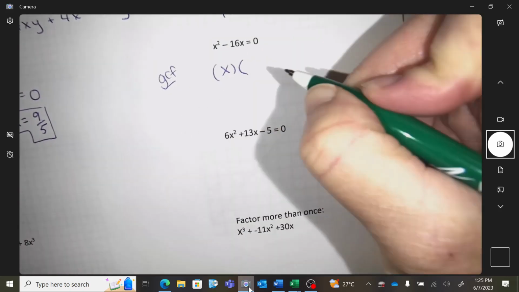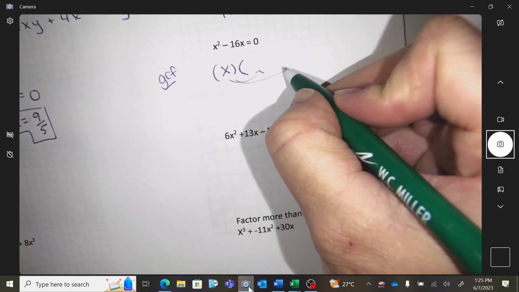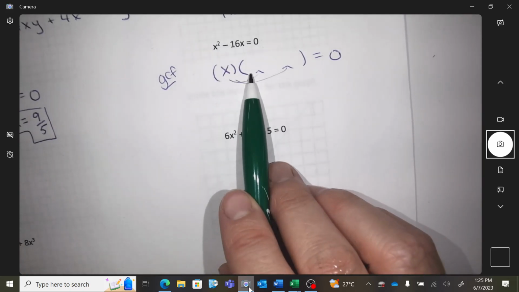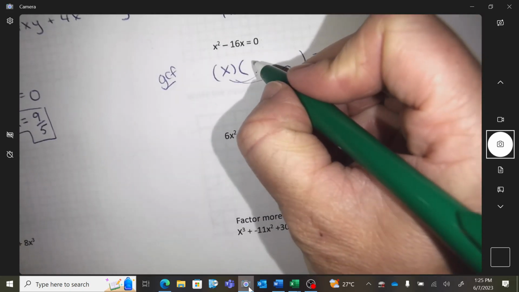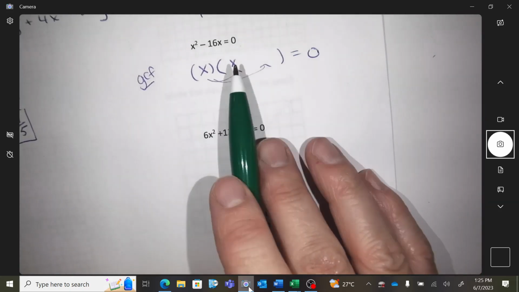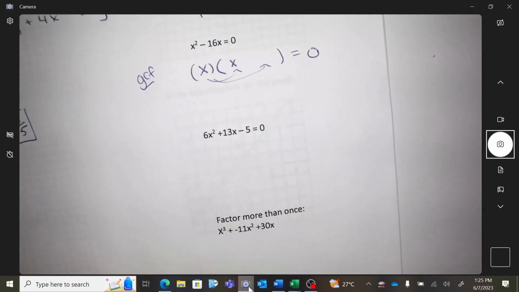An x. And then there's 2 terms, so I should have 2 swivel arrows here. Okay, that's the notion. Yep. x times what makes x squared? x times what makes negative 16x?